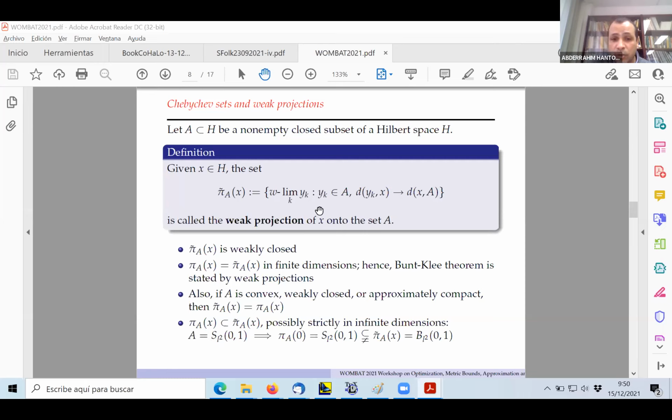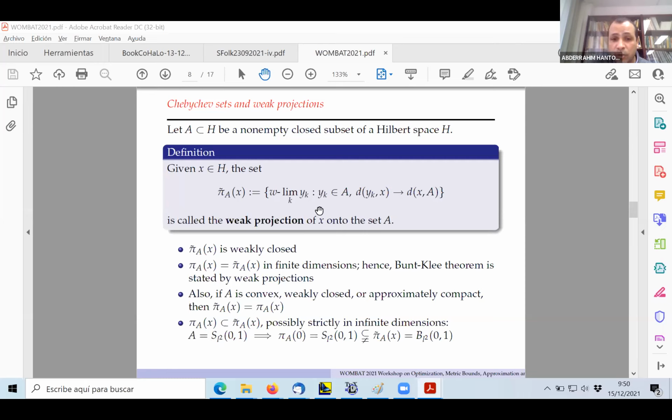Even more, if the set A is convex, due to Mazur's theorem, the set is weakly closed, and so I take here the strong limit, and this weak projection coincides with the usual projection.